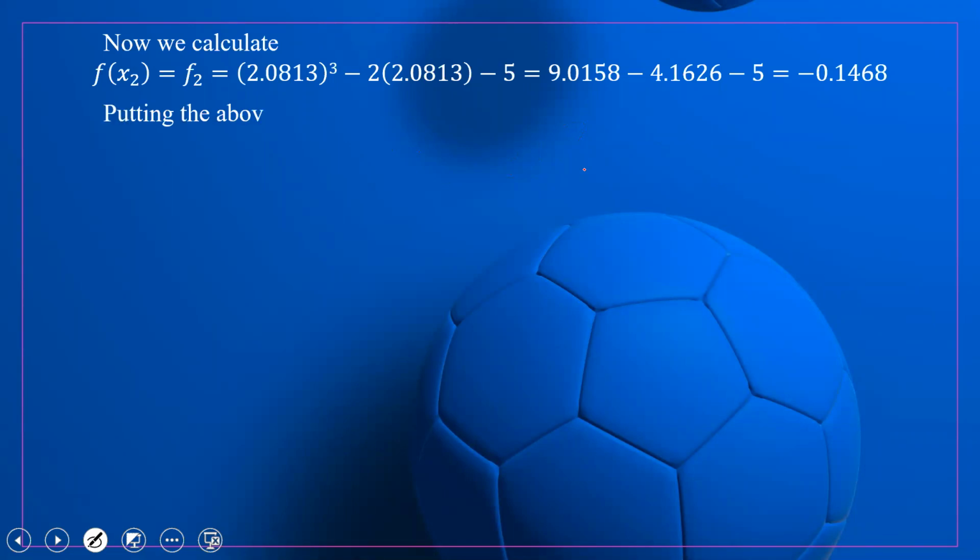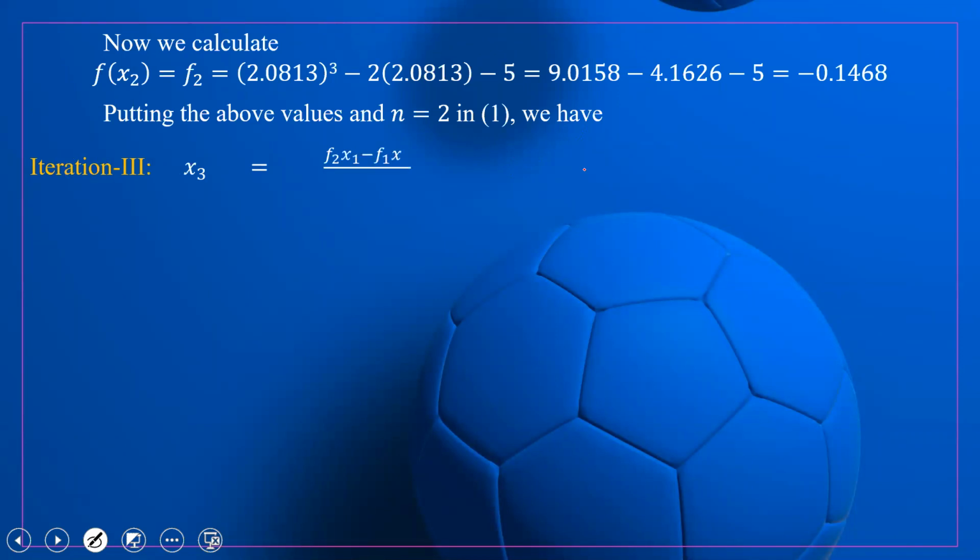So putting the above values and n equal to 2 in equation 1, we have iteration number 3. x3 is equal to f2 x1 minus f1 x2 divided by f2 minus f1. So here f1 is equal to what?